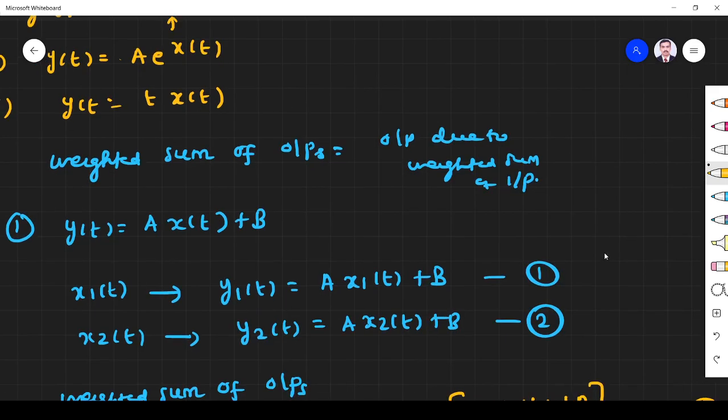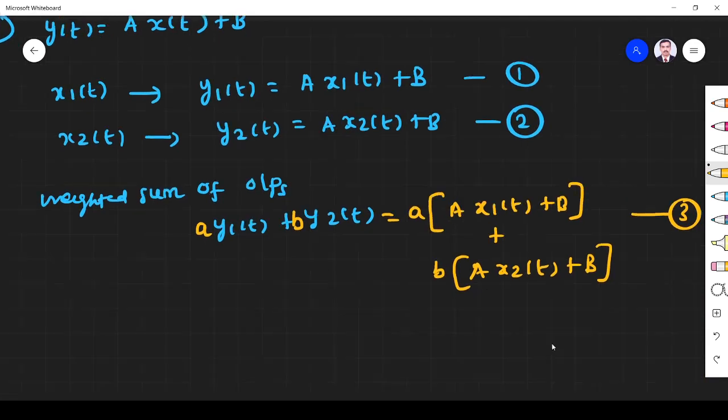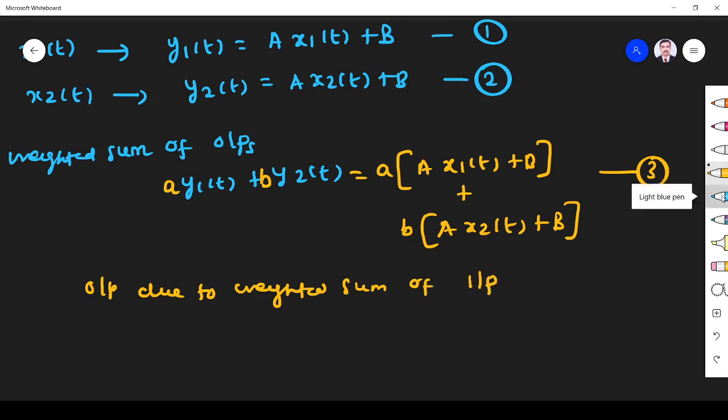What do I have to find next? The output due to the weighted sum of input. The inputs I have given are x1 of t and x2 of t.